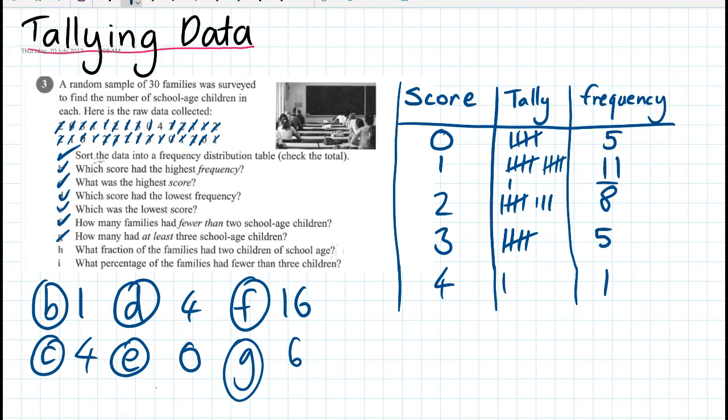That's 8 out of a total of 5, 11, 16 plus 8, 24 plus another 6 is 30. So that's 8 over 30. That's the fraction, 8 out of a total of 30.